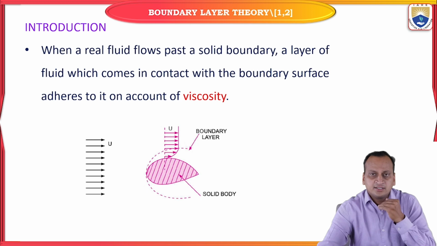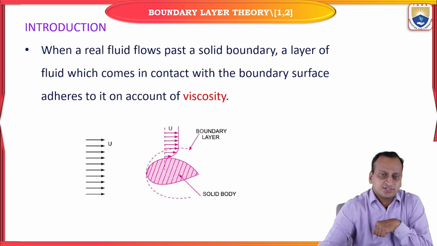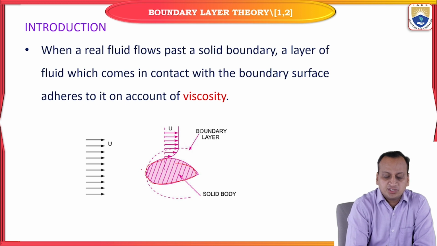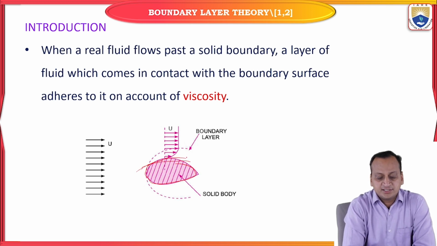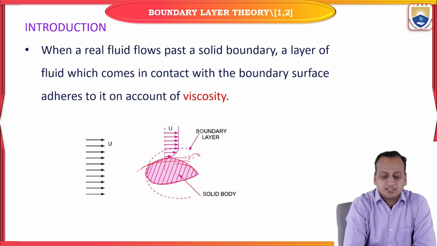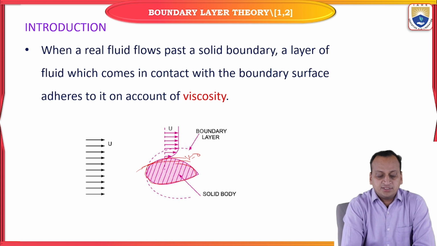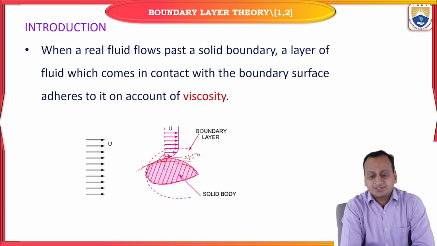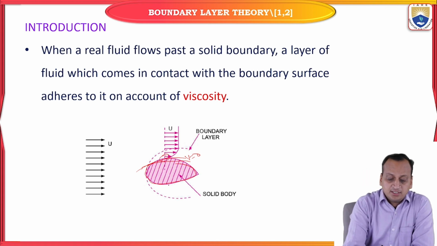The layer sticking onto the surface of a stationary solid body has zero velocity, and if the solid body moves, the layer also moves. Exactly at the boundary, the velocity will be zero.